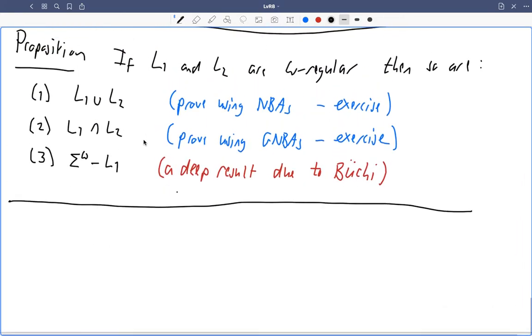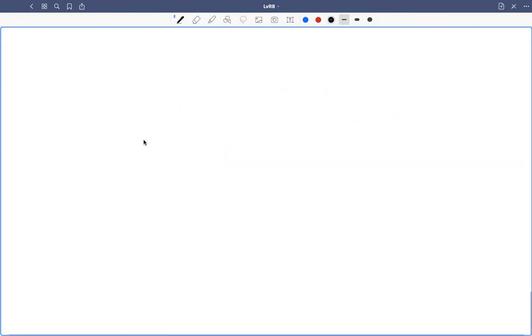Right, so let's go to a new page. What we're going to look at next is something called the trace language of an LTL formula.